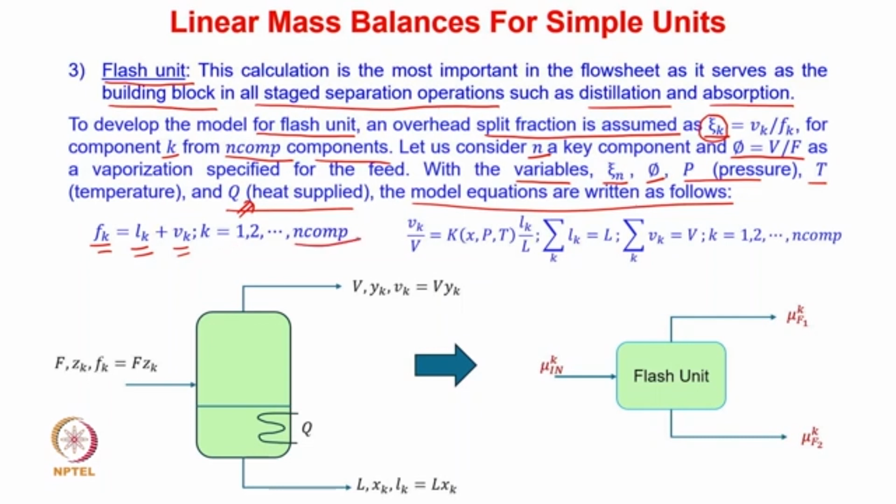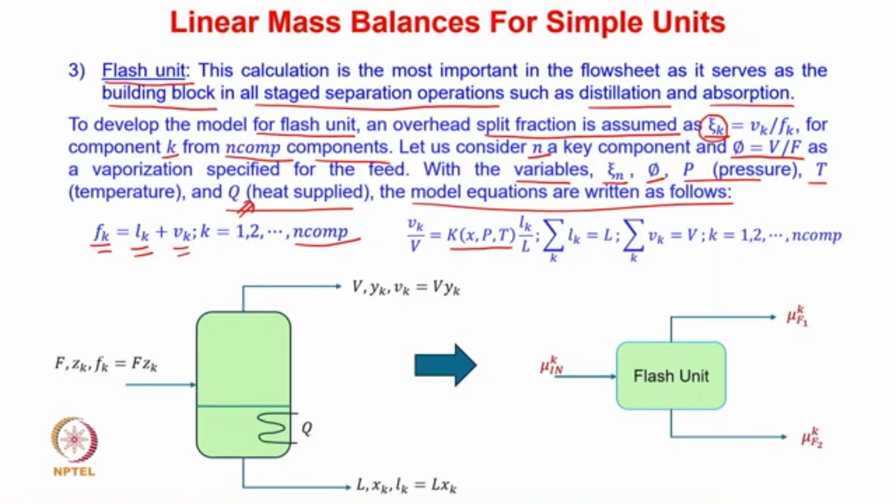Again Vk divided by V is nothing but Yk, isn't it? That is the mole fraction of the kth component in the vapor, and that can be given by the equilibrium relation, capital K, which is a function of x, P and T. This is Henry's law, multiplied by Lk by L.